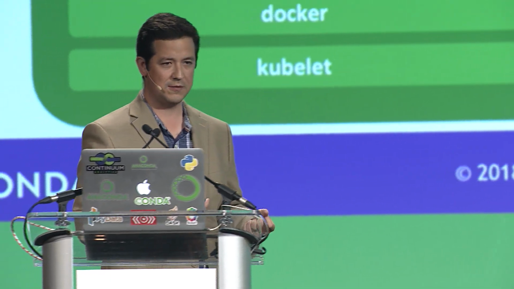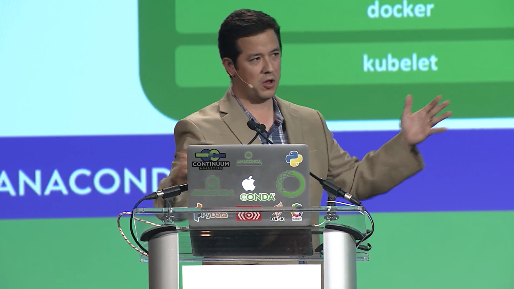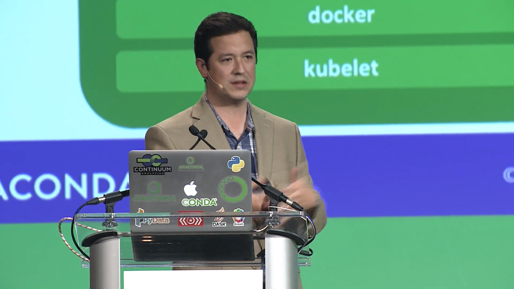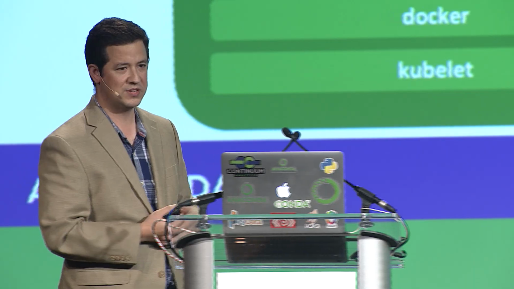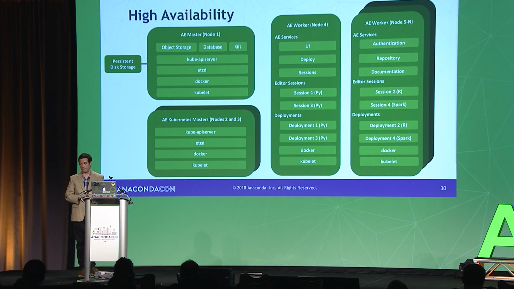In the case that etcd goes down, which is the distributed key value store for all cluster orchestration, we still have a distributed key value store running on one of those nodes. So it's a very common pattern for Kubernetes to have 3 or 5 or 7 master nodes, and this is how Anaconda Enterprise installs out of the box.